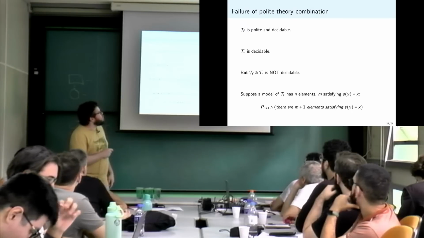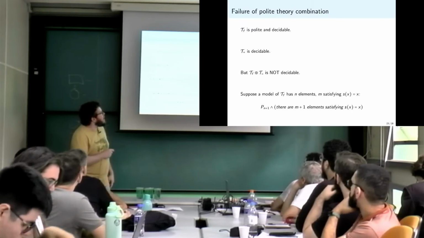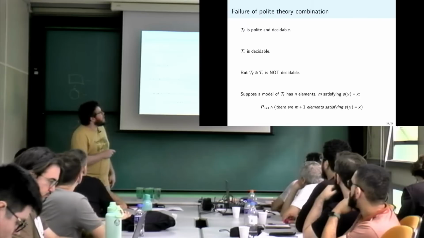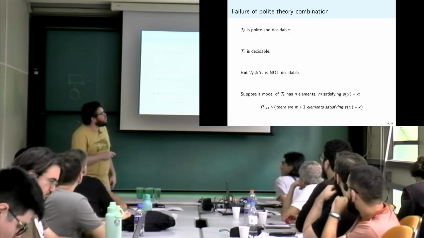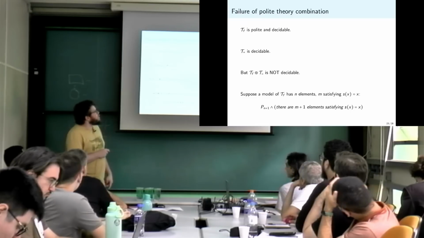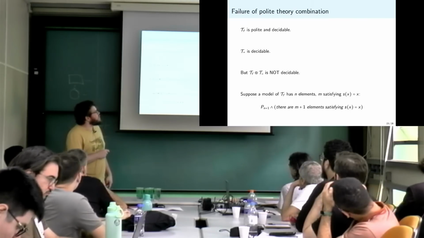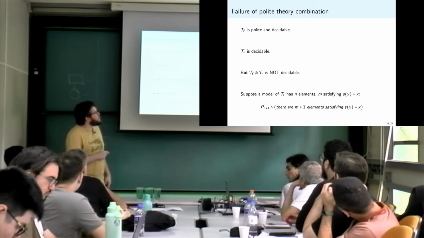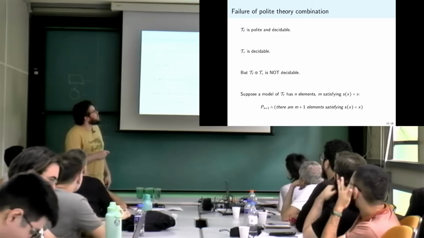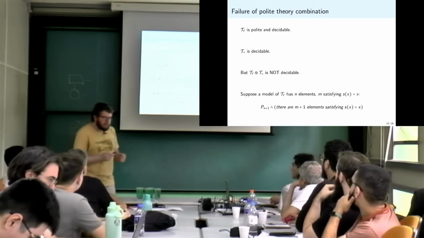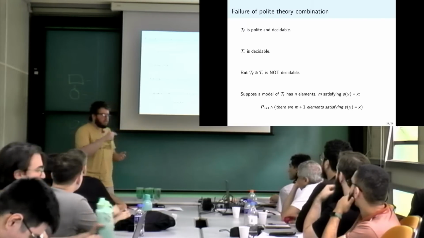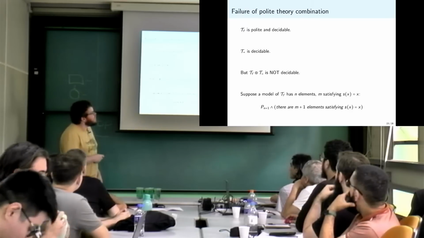I want to go to a model with cardinality n plus 1, and I want m plus 1 elements set in a loop. But if I know how to decide the satisfiability of these formulas, then I can predict the behavior of this theory, which I can't because I constructed it using a non-computable function.